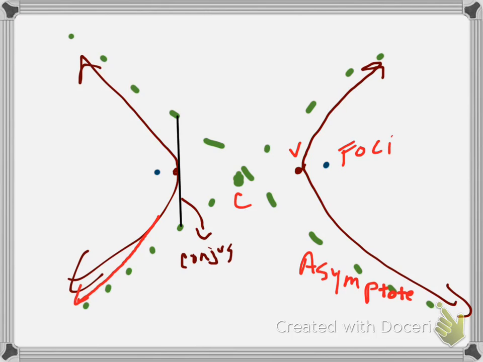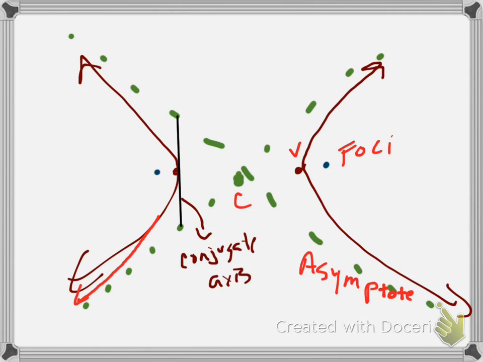There are a couple other new pieces. Something called the conjugate axis. It's the distance from the one asymptote to the other through the vertex. It's a distance, kind of a scale for your hyperbola. So that's 2b, I believe, is the formula for that.